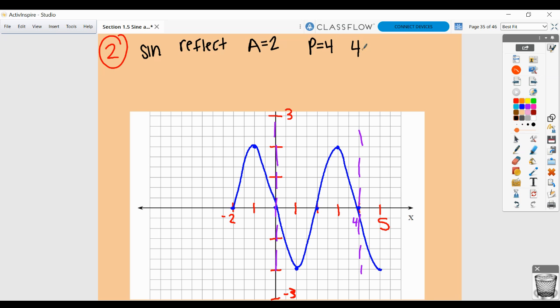So you would have 4 equals 2 pi over b. So b equals 2 pi divided by 4, which would equal pi over 2.